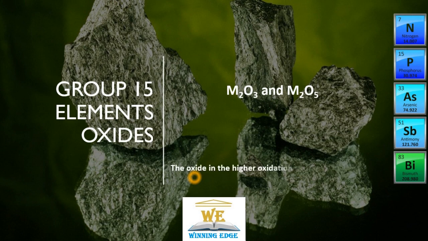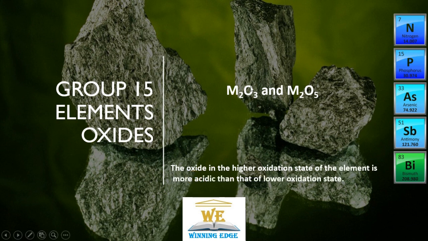Oxides of group 15 elements. The oxides in the higher oxidation state of the element are more acidic than those in the lower oxidation state. So M2O5 will be more acidic than M2O3. The reason is, we know acidity is the tendency to accept electrons, and basic character is donation of electrons.